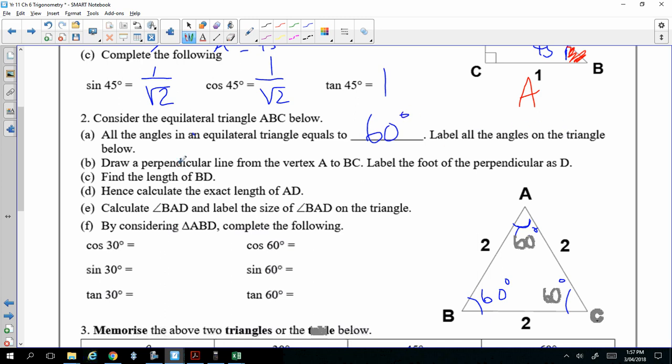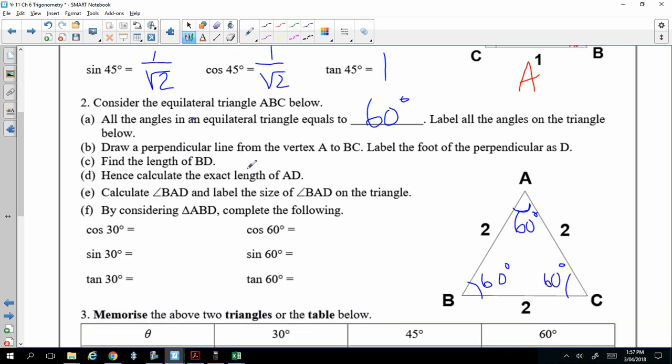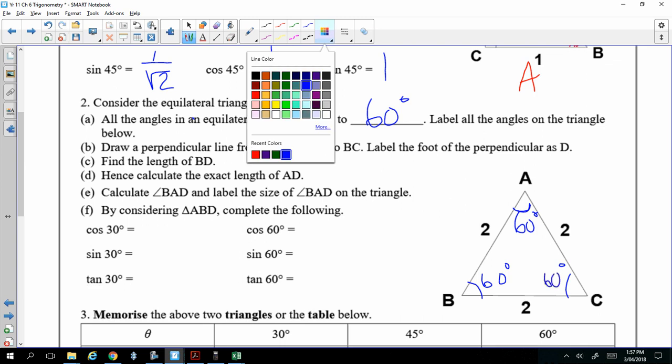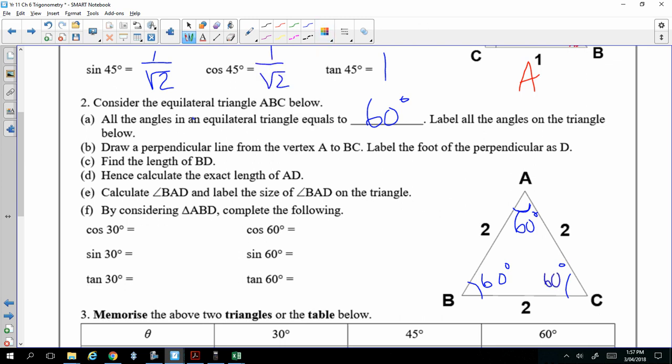We did that. Draw a perpendicular line from vertex A to BC. So use a ruler and draw a vertical line from A to the bottom. Okay, perpendicular line. Label that as D. So we've got D there. Find the length of BD.